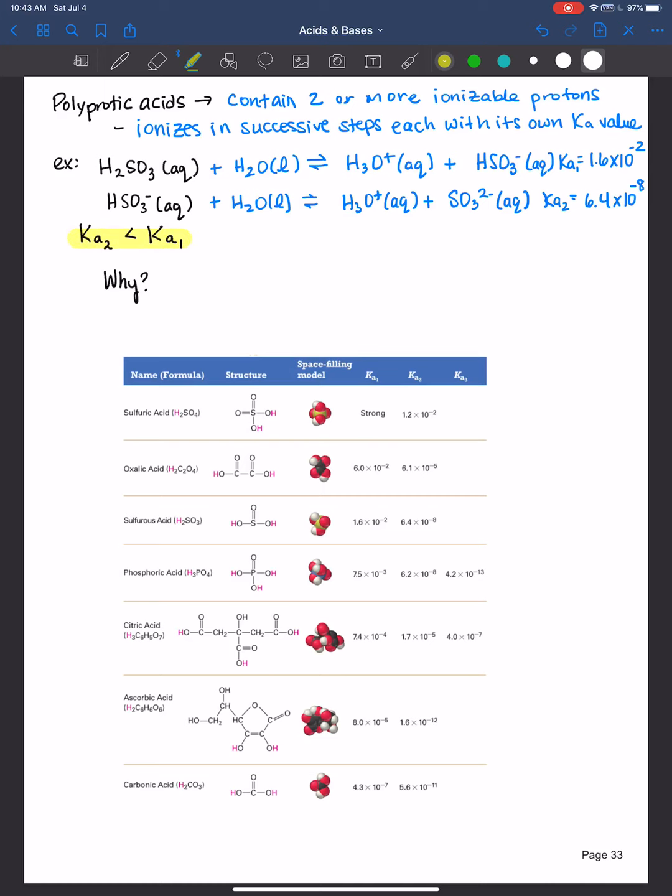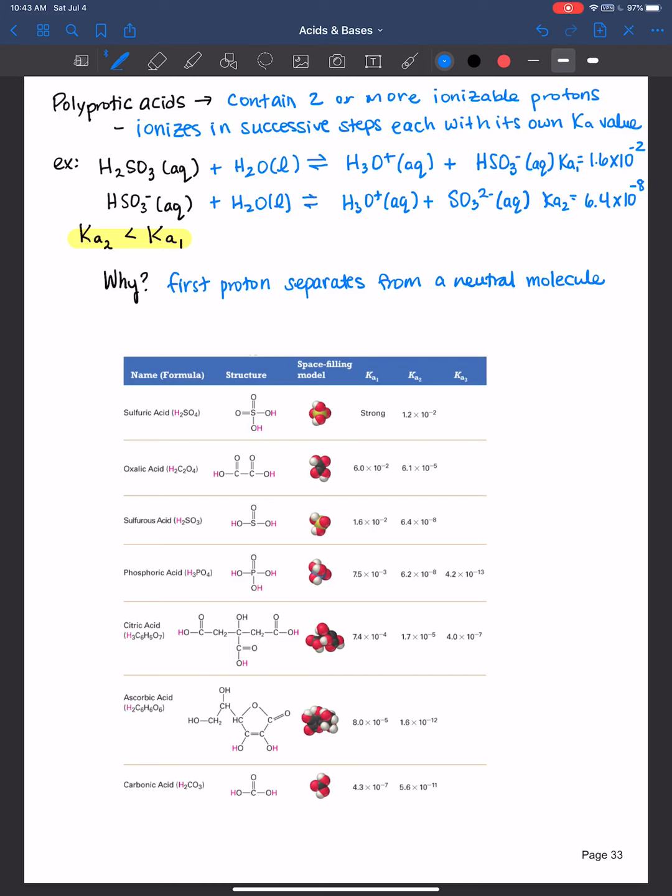Why do you think that is? Now think about it. Opposites are attracted to each other. So the first proton that ionizes, that leaves the molecule, separates from a neutral molecule.